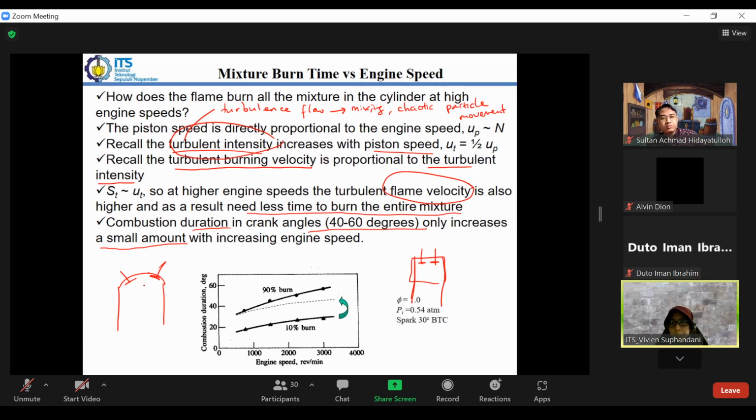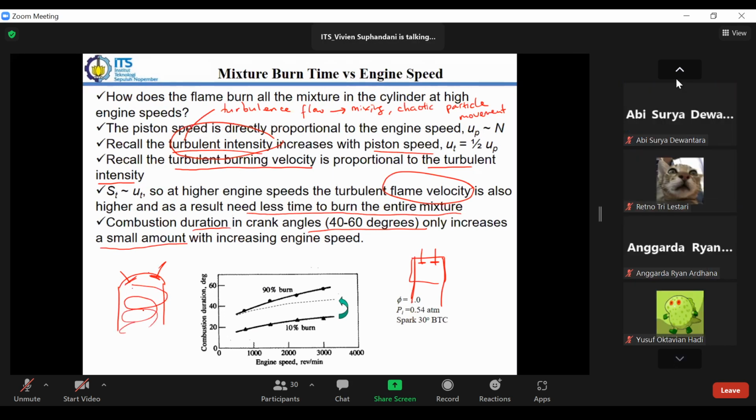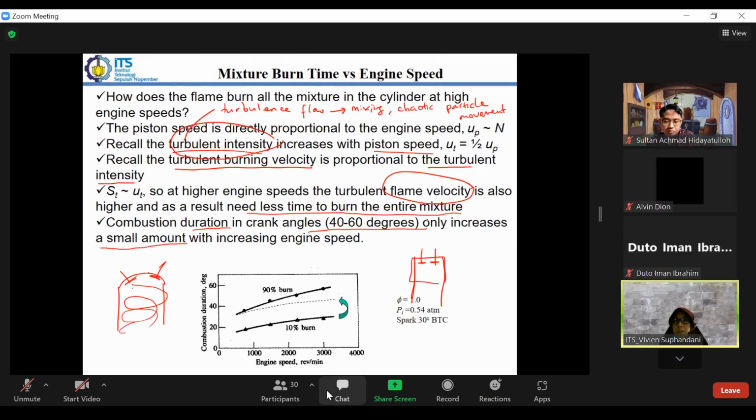The purpose is to increase the turbulence intensity, because if we give an angle here, there will be a swirl inside the cylinder. While in this one, the swirl is minimum. So this is related to the design of the cylinder.